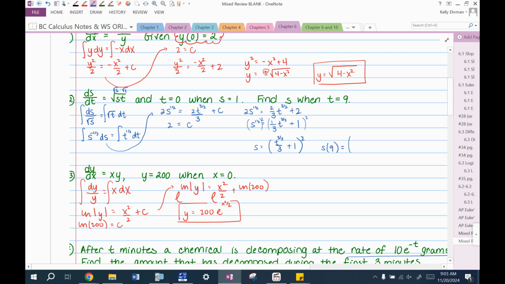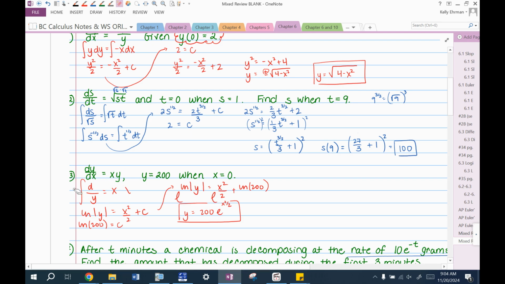So let's see. 9 to the 3/2. Remember, you should root first and then raise to the power. So this is really 3 to the 3rd. So that's 27 over 3 plus 1 squared. That's 9. 9 plus 1 is 10. 10 squared is 100. So s of 9 is equal to 100.